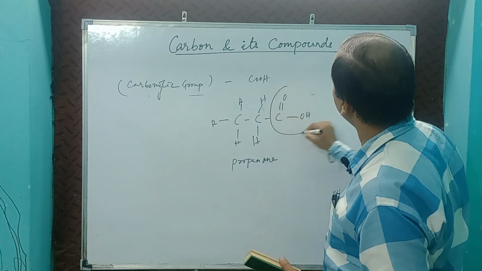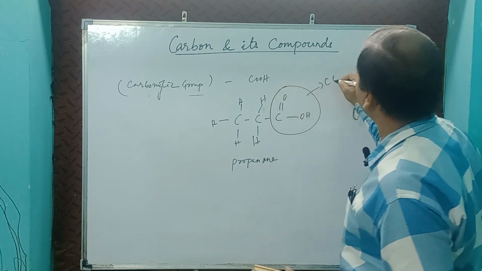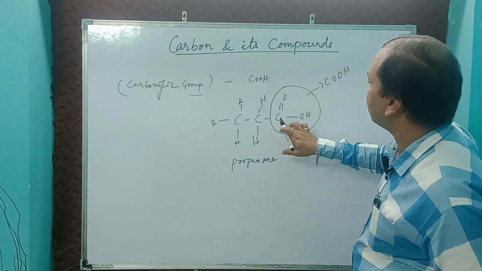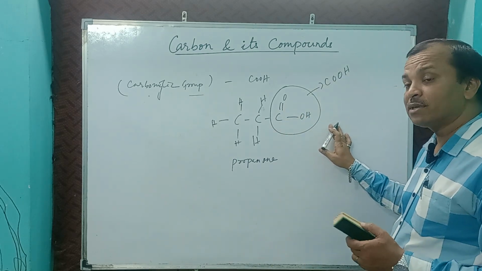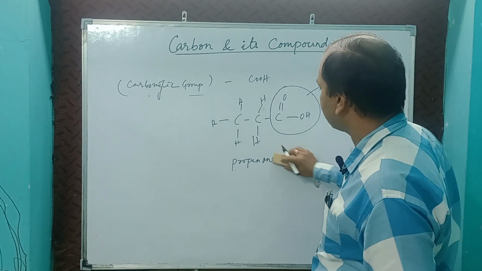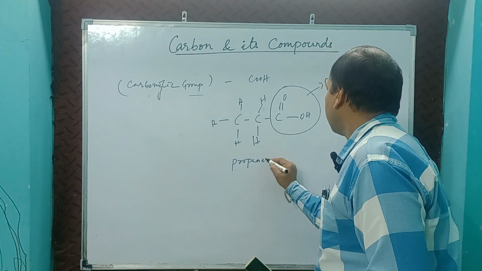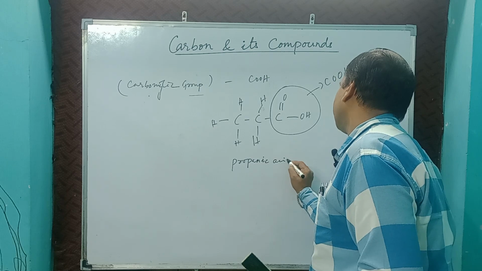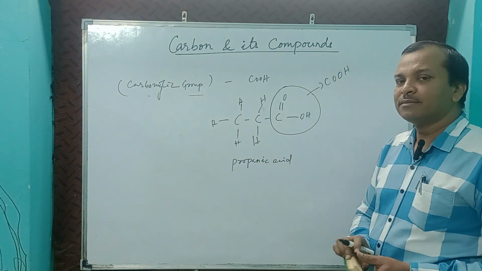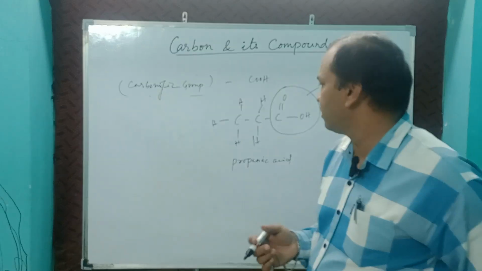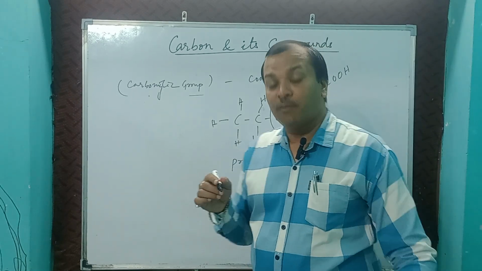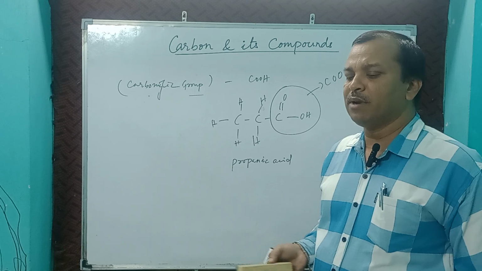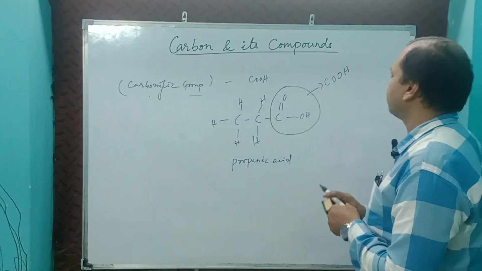So it will become COOH, the carboxylic group. Then we will write propanoic acid. Clear? Double bond, triple bond are already over. If a double bond is present, then propene. If a triple bond is present, then propyne.